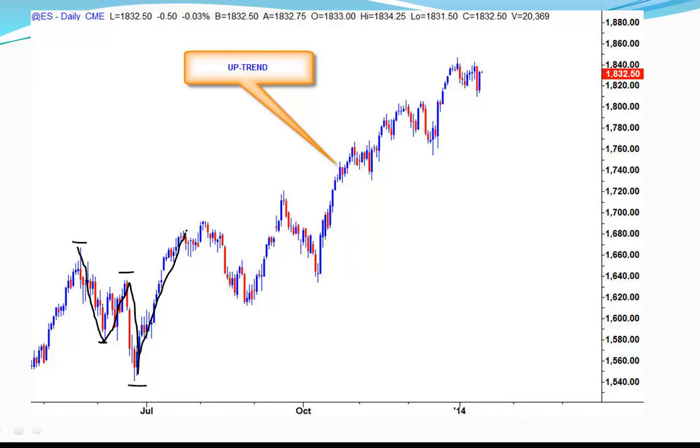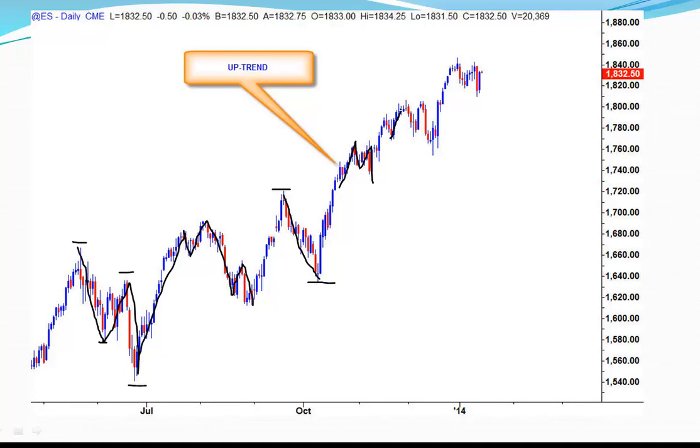Sometimes you see the same process like this. You're just following the structure of the market. But as long as new highs are made on every advance and higher lows on every decline, that's establishing an uptrend.